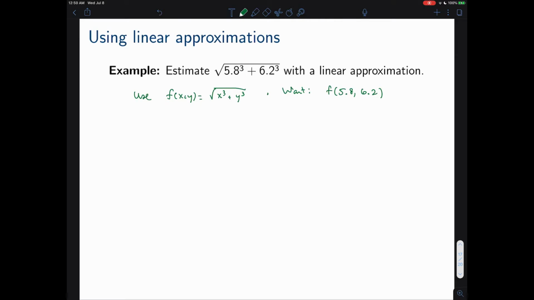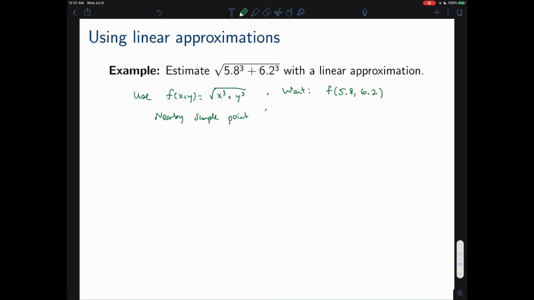But somehow we're trapped on a desert island without a calculator, and we would like to figure this out without a calculator, or we would just like to do it for ourselves. So can we do it? Well, there's a nearby simple point to the point 5.8, 6.2.